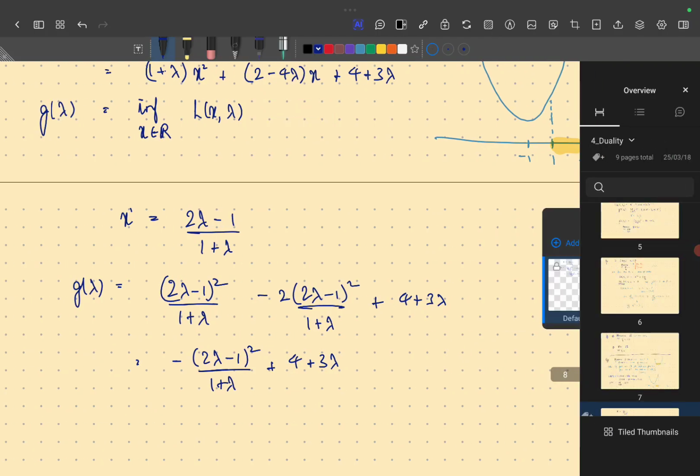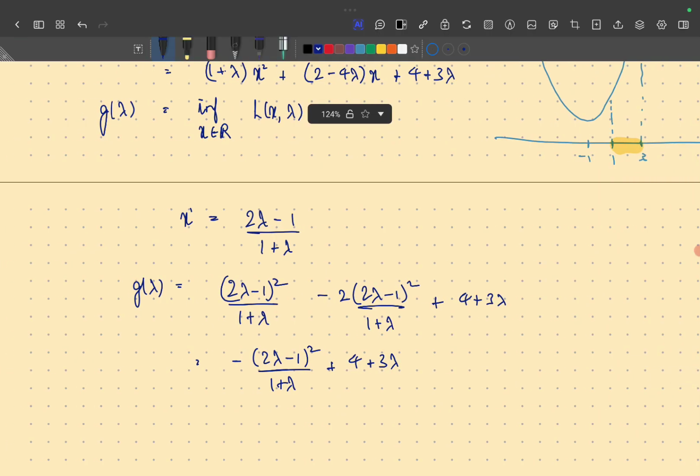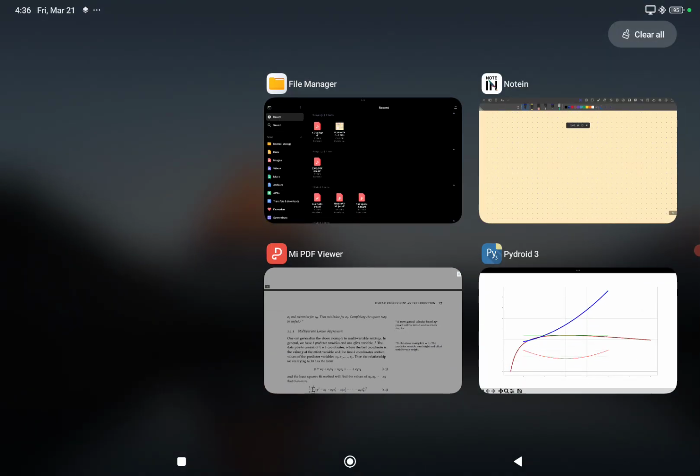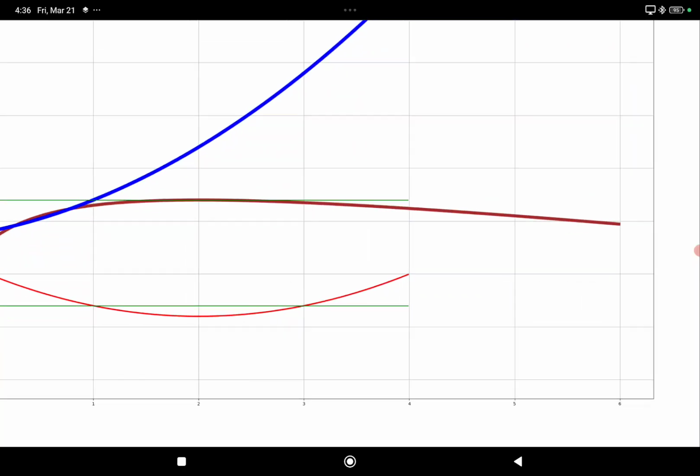I'm not sure if you can see it clearly, but the region that we're interested in is the interval from 1 to 3.